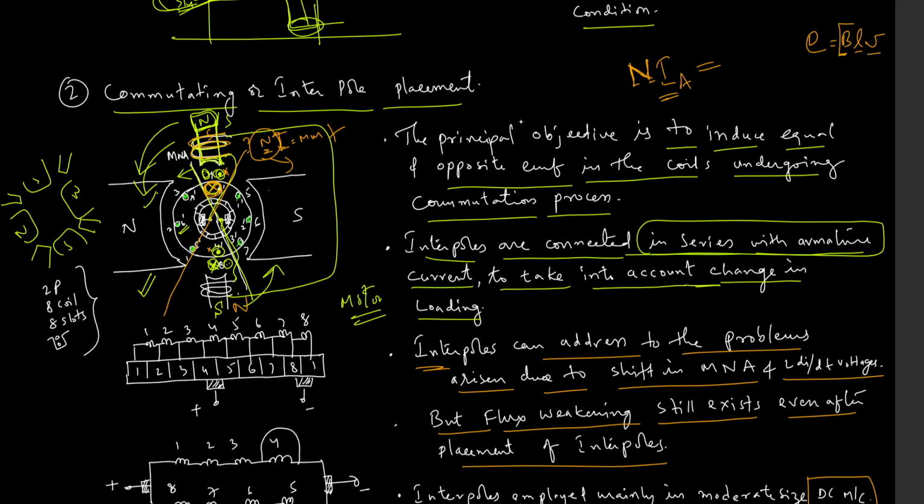I have to control this B. Now B is controlled by this Ni, right? So I change the number of turns such that the flux density under these interpoles is such that the EMF induced in this coil is equal and opposite to this, like this.